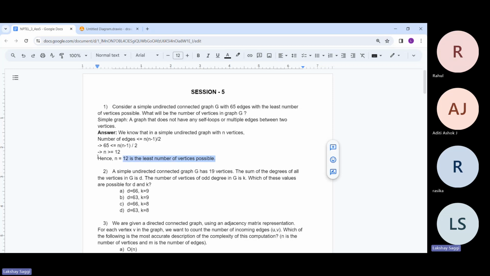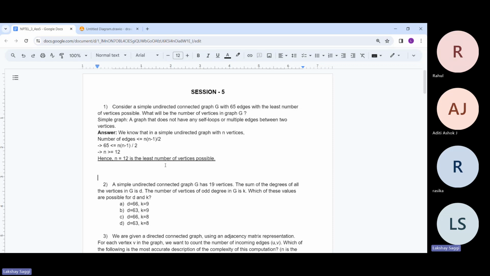So just underlining this, I hope everyone understands. And so Rahul's answer also: Rahul said the answer 66, but actually that would be the maximum number of vertices possible. So that's also an interesting question. I'll leave it to you to think about it yourself. Try this yourself: what will be the maximum number of vertices possible?